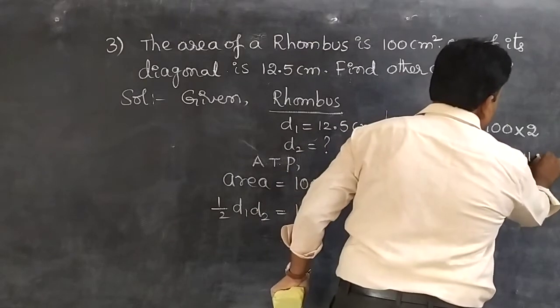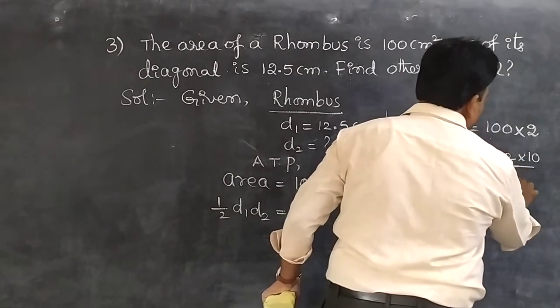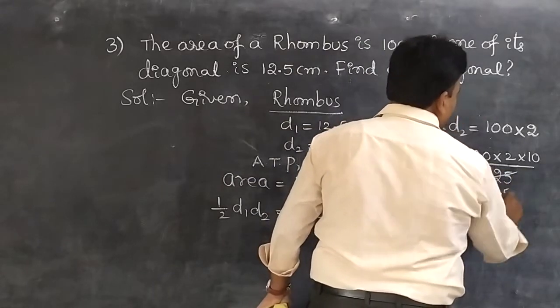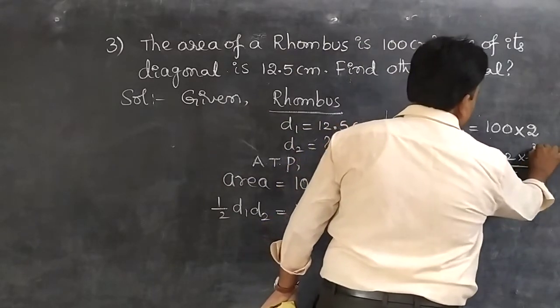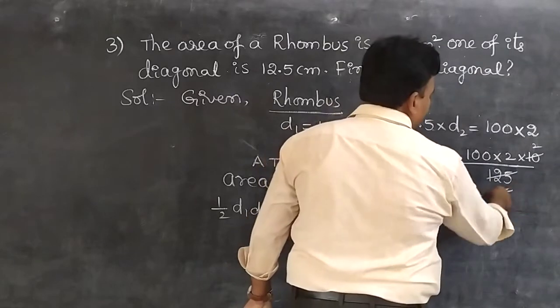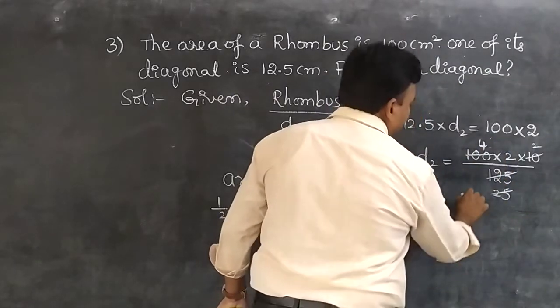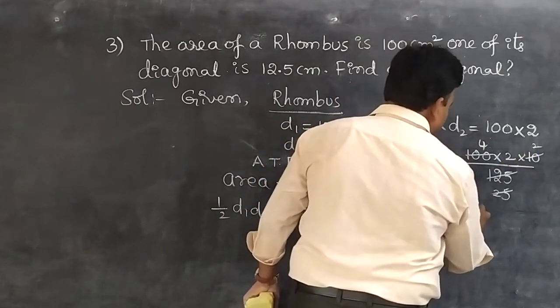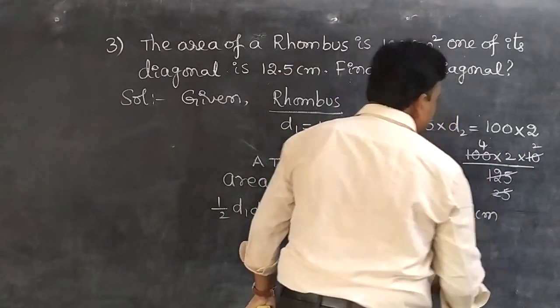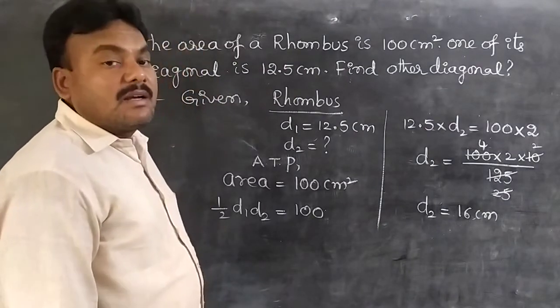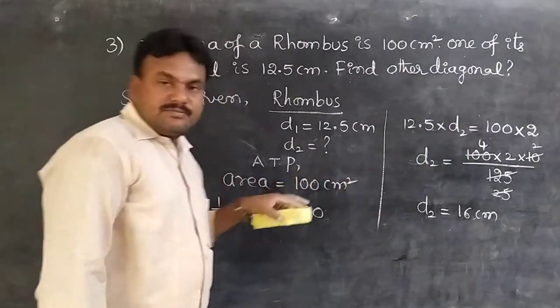So into 10 by 125. 125: 5 twos are 10, 5 fives are 25, again 5 twos are 10. Next, 25 ones are 25, 25 fours are 100. Finally d2 equals 4 twos are 8, 8 twos are 16 centimeters. 16 centimeters. That is d2, the other diagonal, the second diagonal value, students.